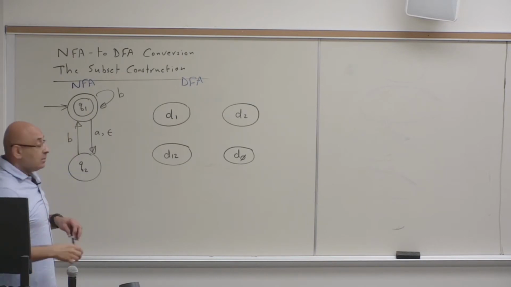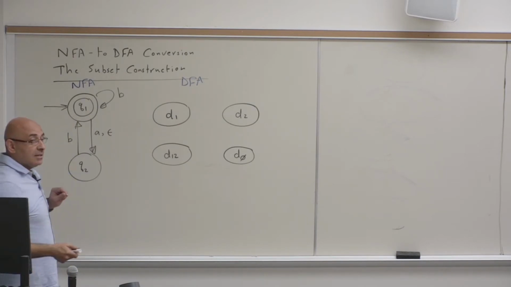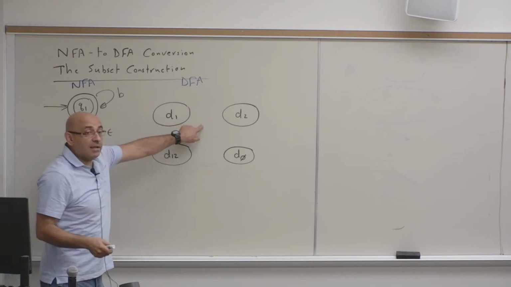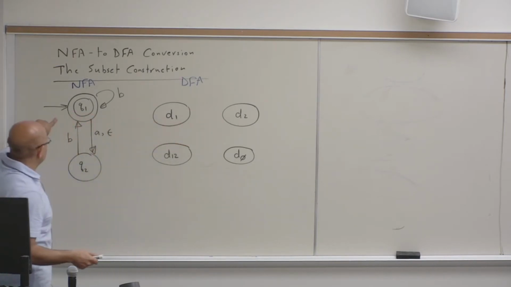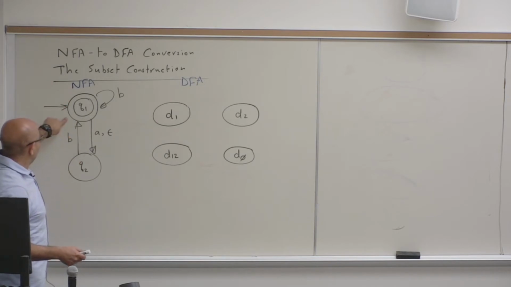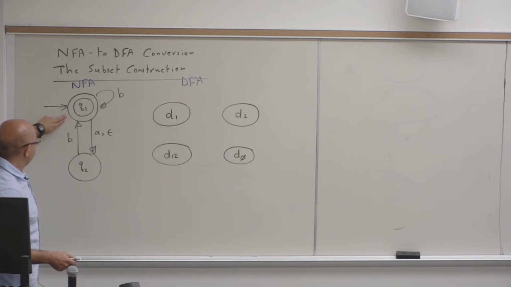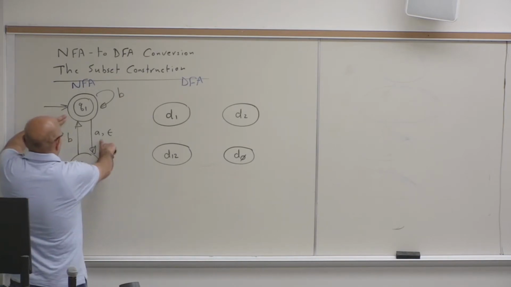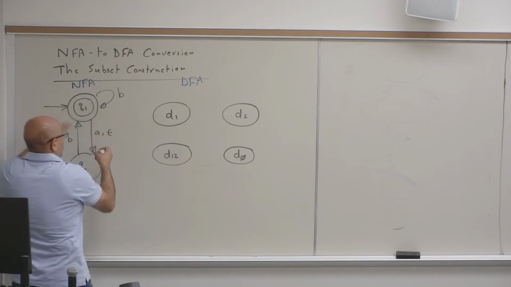Now, we need to figure out the transitions in this DFA in order to get the same behavior. When we are in Q1 and we get an A, where should we go? To Q2. So, Q1 with an A, you go to Q2.